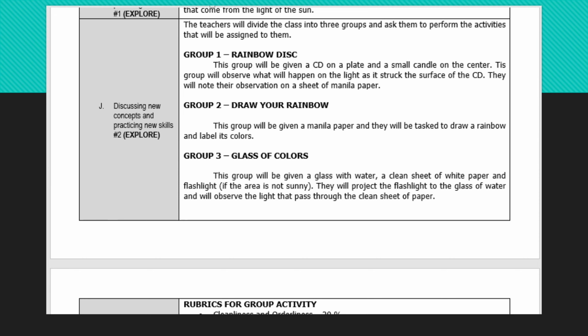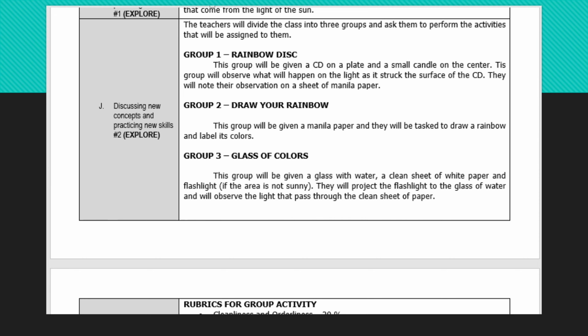Since we practice differentiated instruction, you can still add group 4 and group 5. Group 4, these students can make a poem, and group 5 can make a jingle rhyme that has something to do with the rainbow itself.